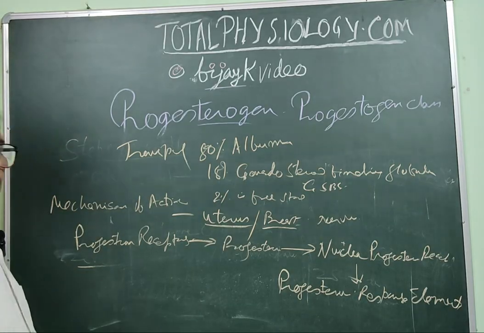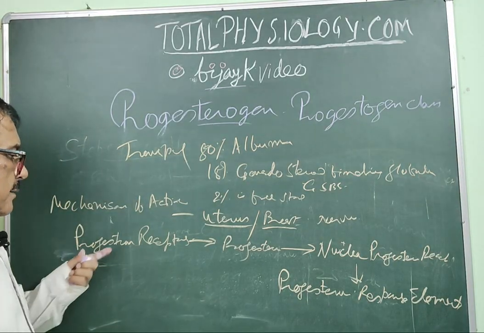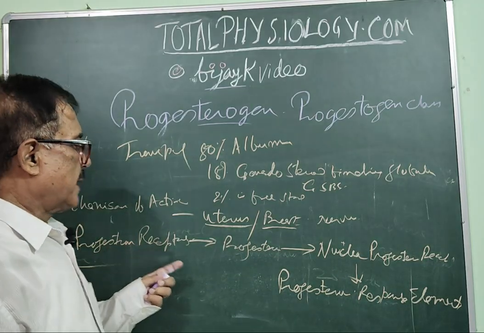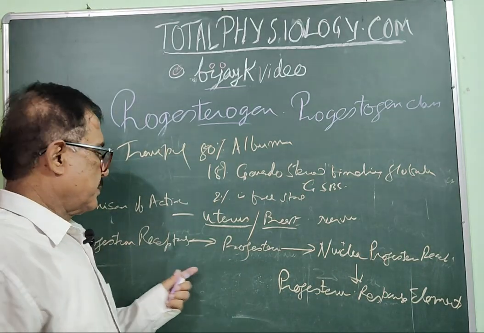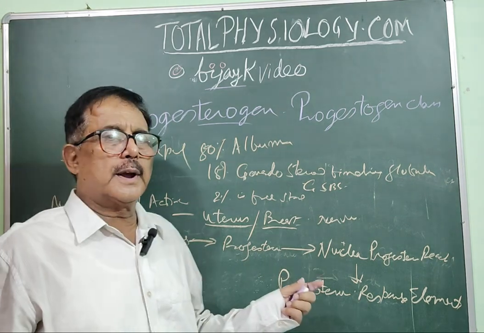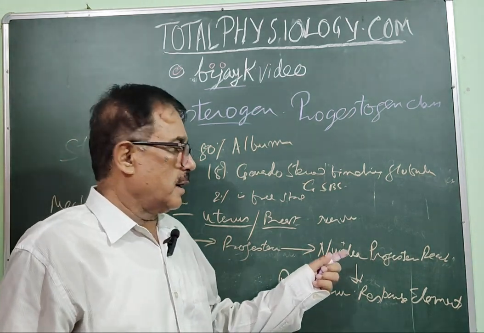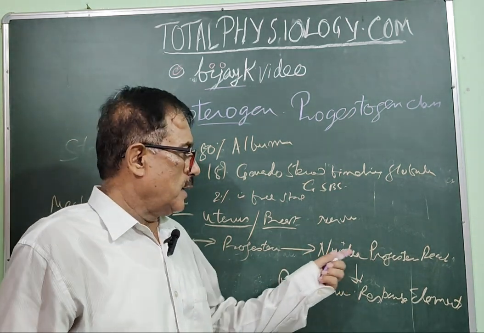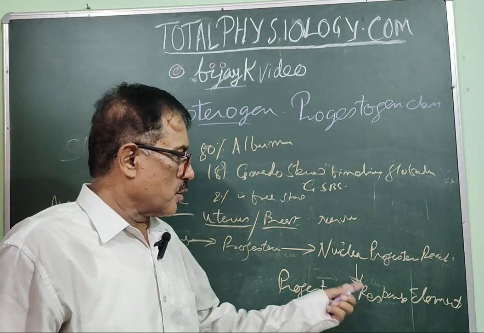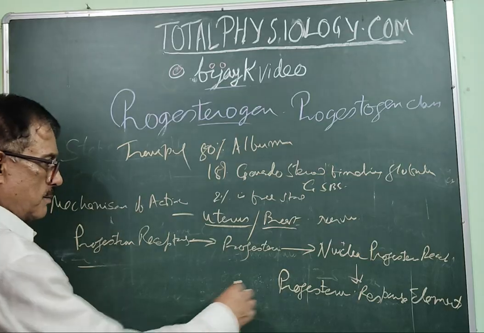First, it will enter into the cell and bind with progesterone receptors. Then the progesterone receptor and progesterone complex will enter into the nucleus and bind with the nuclear progesterone receptor, forming the progesterone response element.